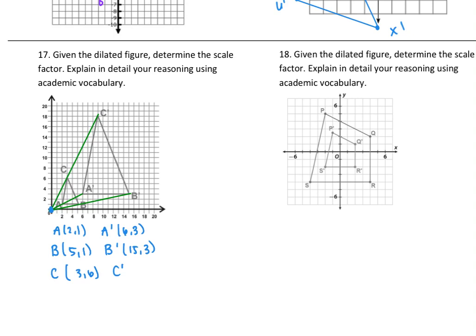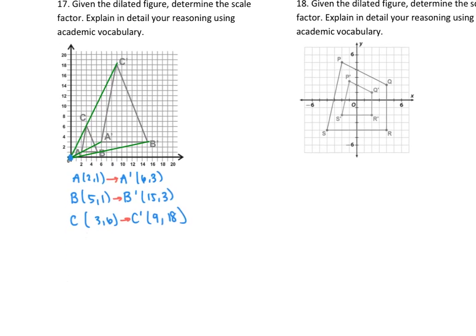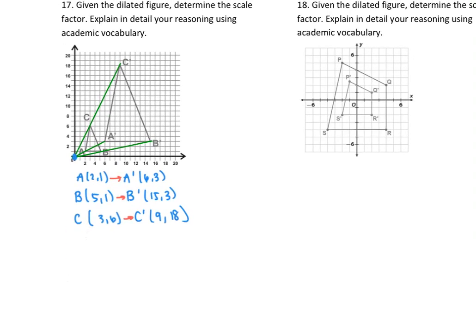And then C prime is 9, 18. So in looking at these, we know that our figure got bigger, which means our scale factor is going to be greater than 1. And to get from A to A prime, we multiply by 3. And that's the case for each one. So that means our scale factor is going to be 3.